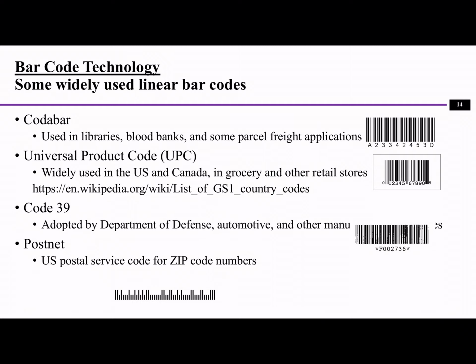Like the one you can see here, F002736, something like that. The post office likes to use bars with low and high heights as their barcode.